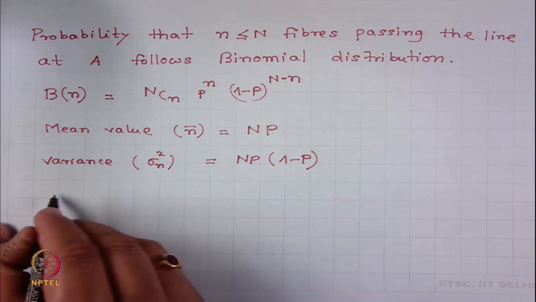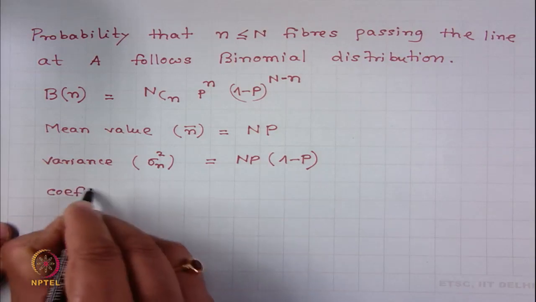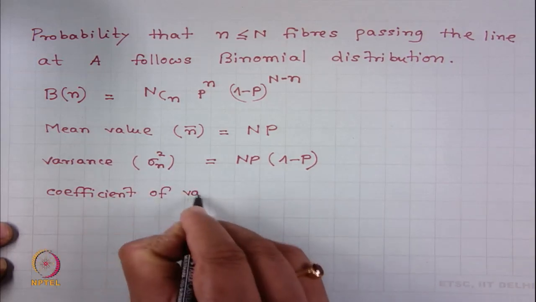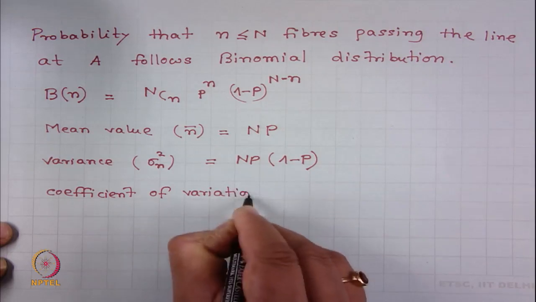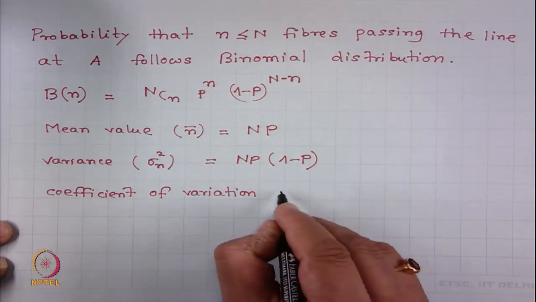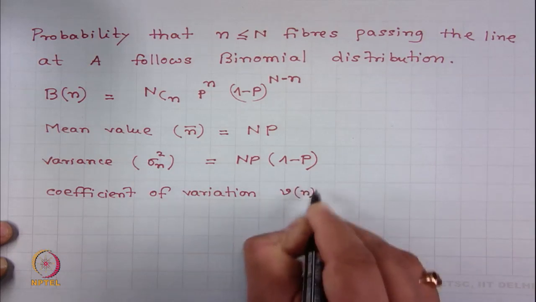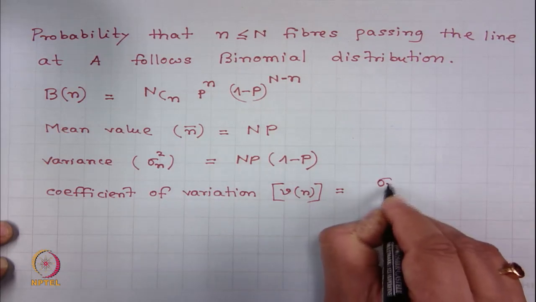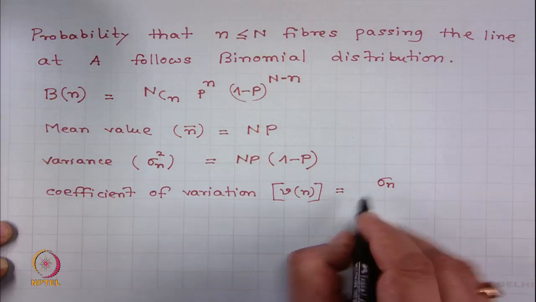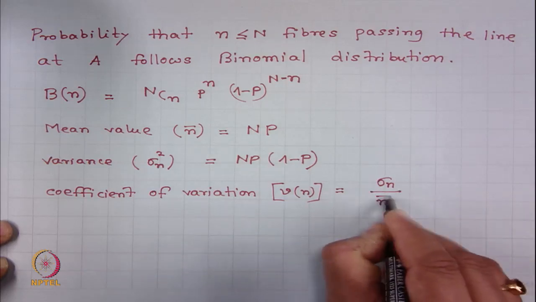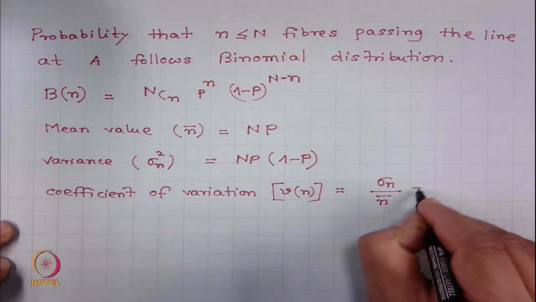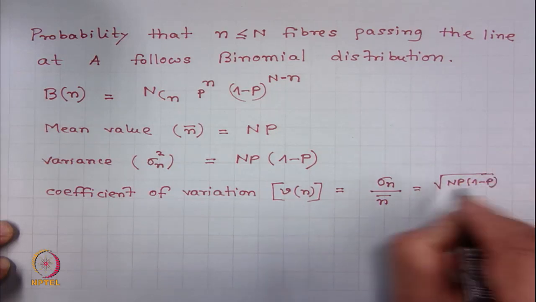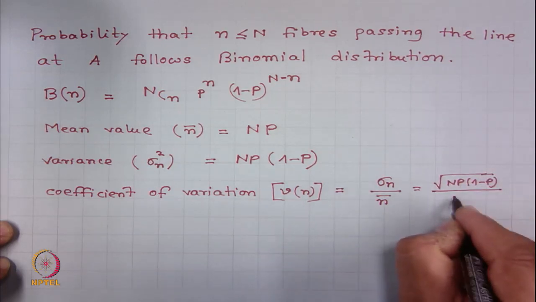Then coefficient of variation is equal to the square root of variance, that is standard deviation, divided by mean. So, root over n p into 1 minus p by n p.